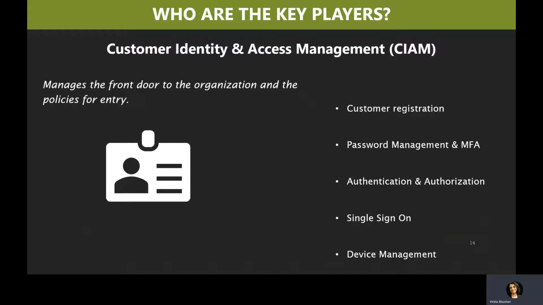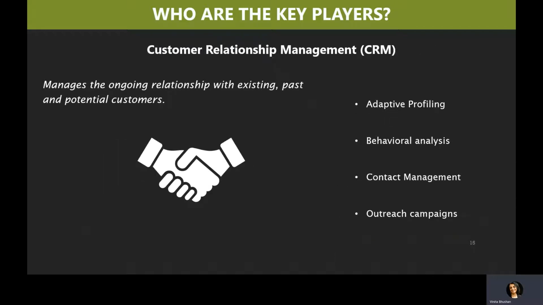They might choose to give you a password or some sort of credential. And if you decide that that's what you need to do, then the solution must take care of storing that password. Then, like I said, there are the functions around authentication, authorization, single sign-on if there's a portal involved, and what device they come from, the whole concept of device management. So all of this makes up your CIAM solution.